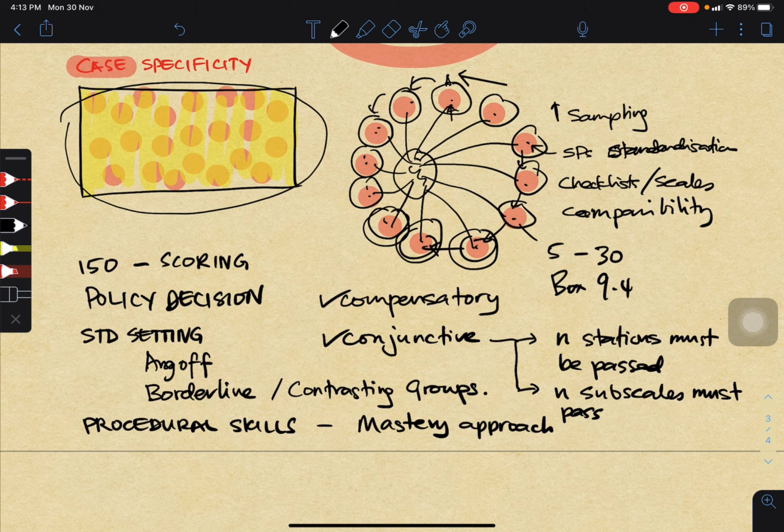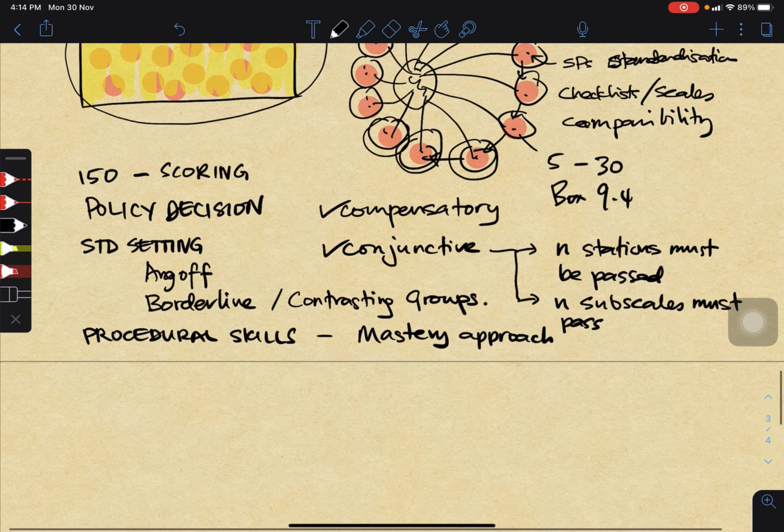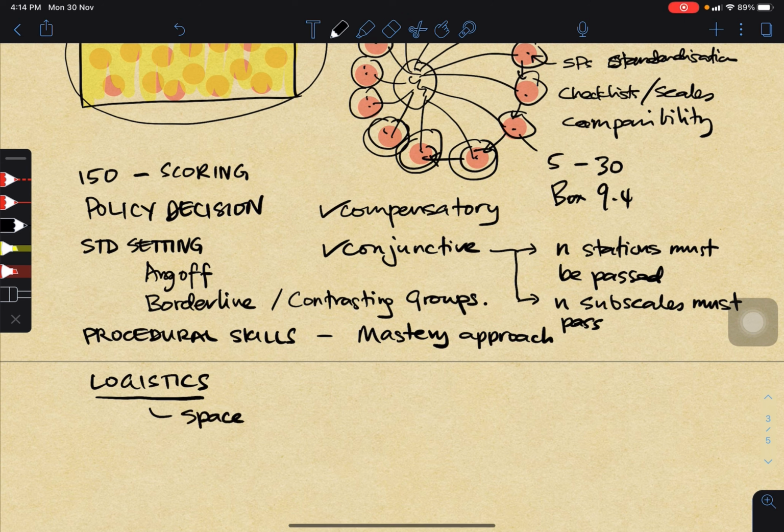And last, in discussing OSCEs, the author mentioned logistics. If you remember, one of the drawbacks of performance assessments is logistics, because especially if you use OSCE, we need space. So space limitations, space requirements, we need financial resources, because we want to pay the standardized patients and all those things.